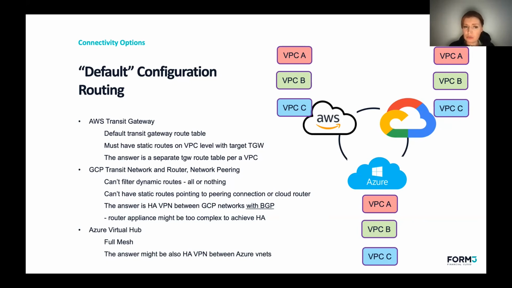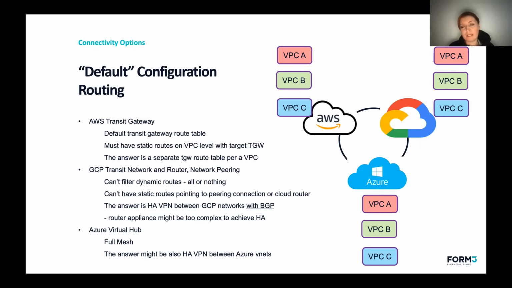The answer is to use HA VPN between GCP networks over BGP. So inside GCP, we use HA VPN, and it provides guarantees that the traffic won't go over the public internet if both sides of HA VPN reside in GCP. A similar problem was with Azure Virtual Hub.